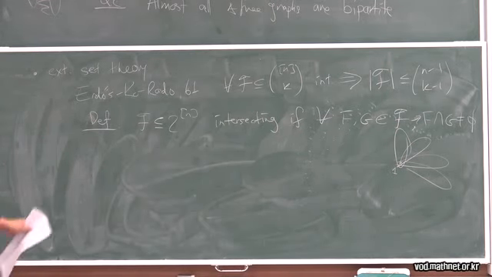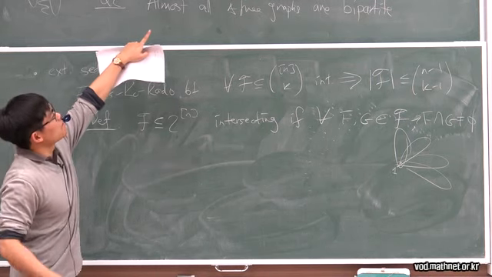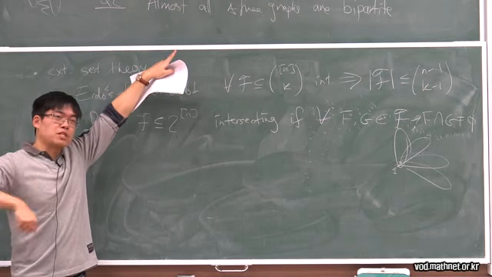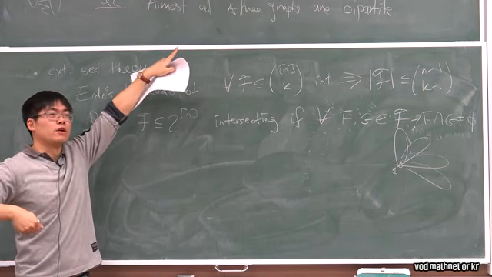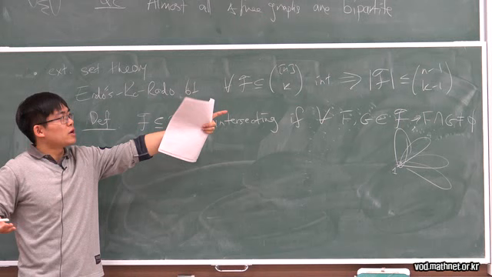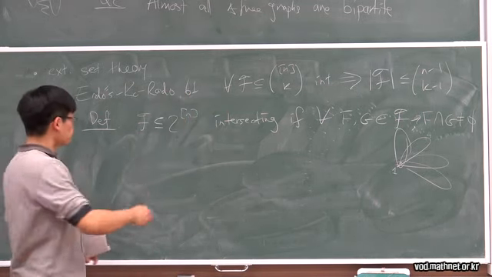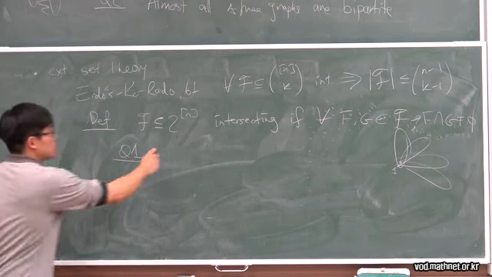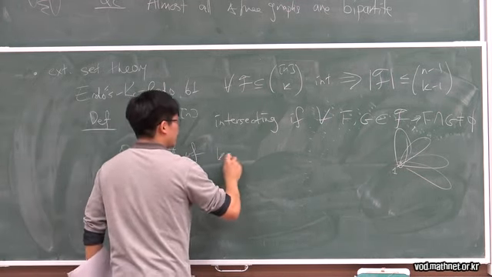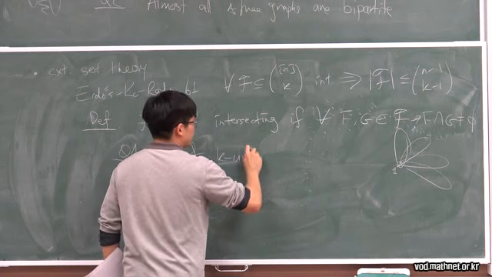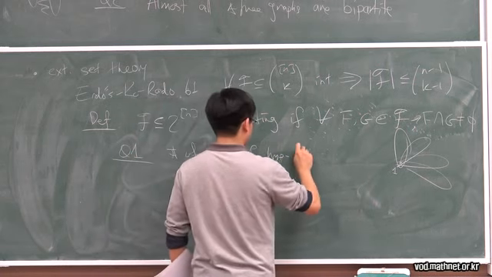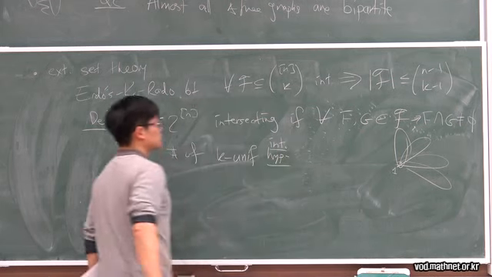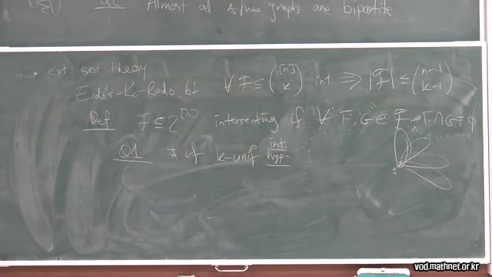Based on what we have seen so far, you take a maximum size triangle free graph, which has n squared over 4 edges, and you take any possible subgraph of it, you generate 2 to the n squared over 4. Now, there's a very natural question: do you have 2 to the n minus 1 choose k minus 1? Question 1: what is the number of k-uniform intersecting hypergraphs, the number of such intersecting families?